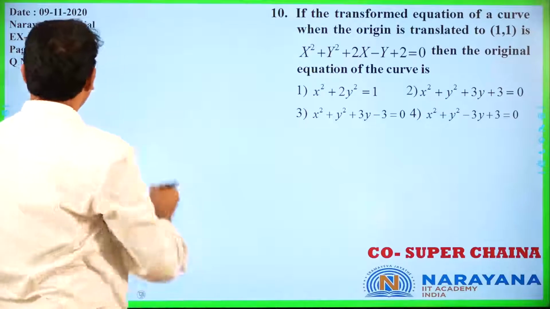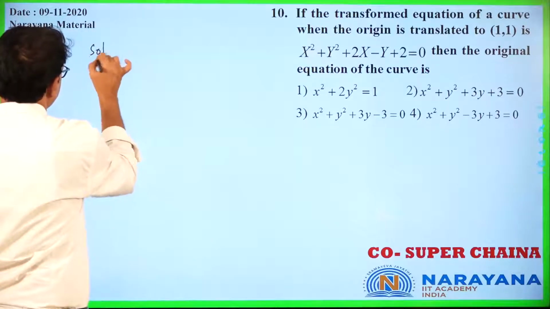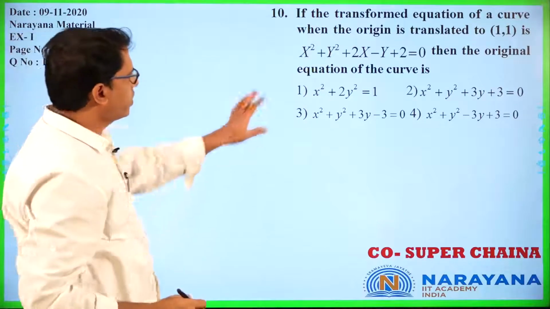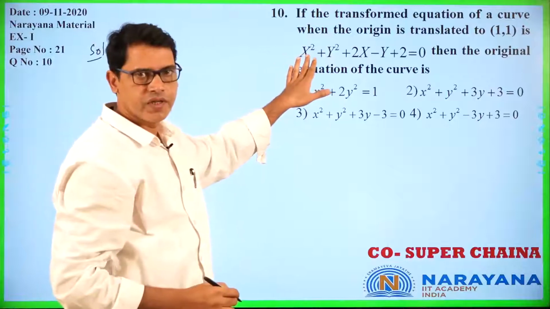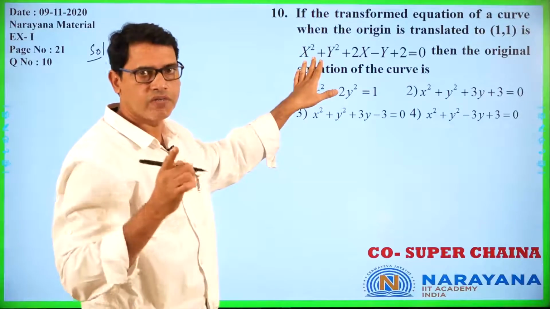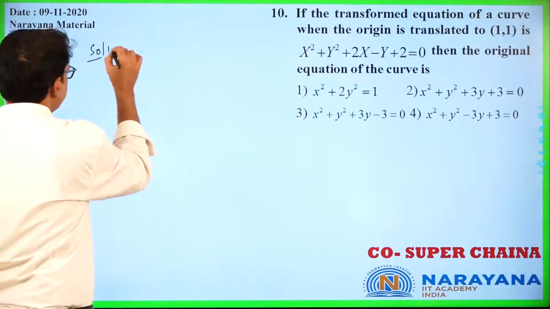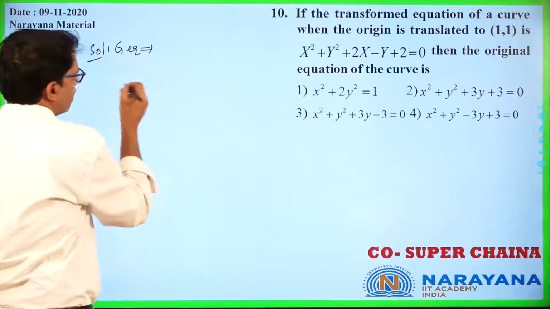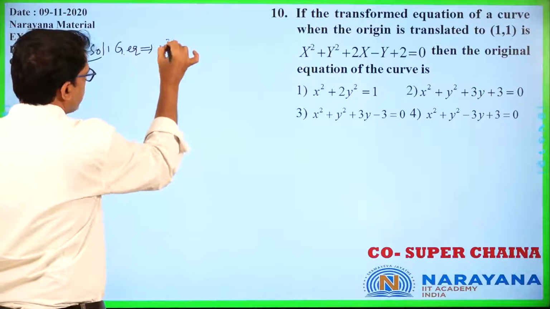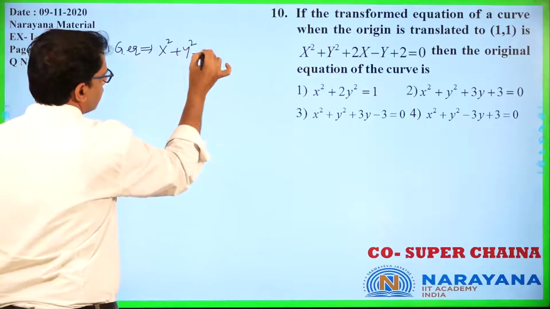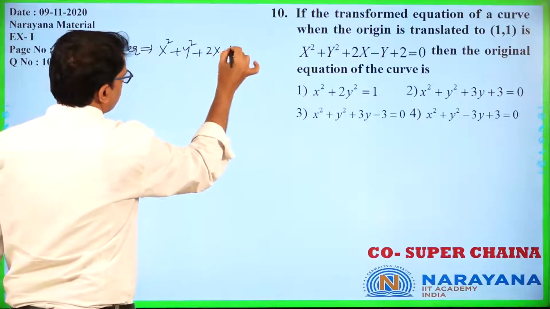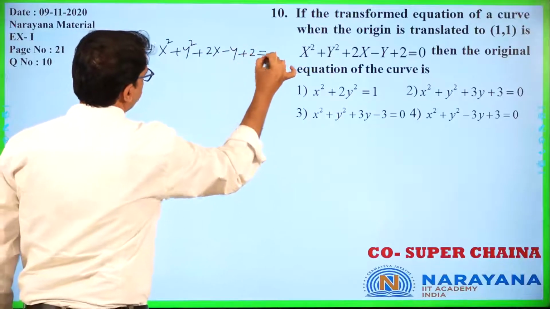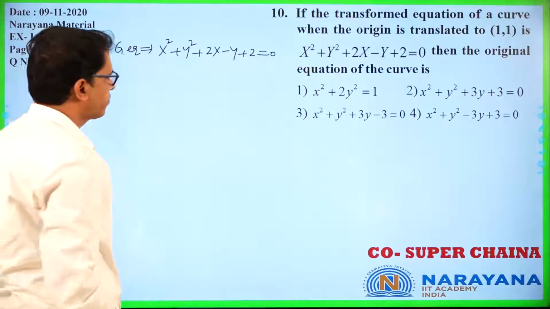First write the given equation. The given equation is nothing but the transformed equation, written in terms of capital X square plus Y square plus 2X minus Y plus 2 equals 0.